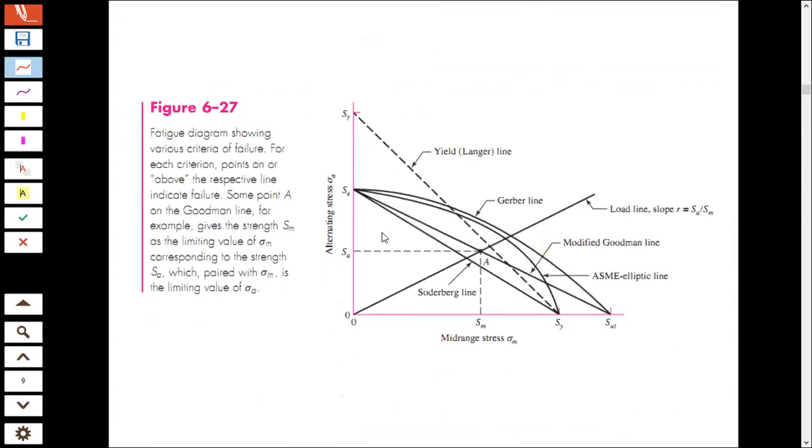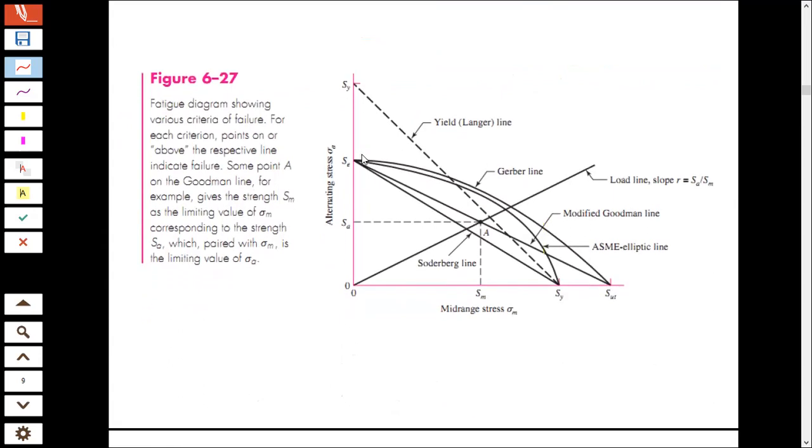Anyways, if you look at this figure, this gives you the different criteria that we use. Okay, this is the mid-range stress and the alternating stress, and these are different failure criteria that we use. If you remember the failure theories, you studied them in failure theories, and now these are the different criteria.